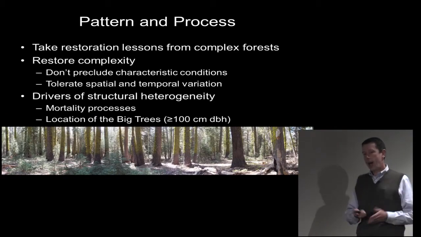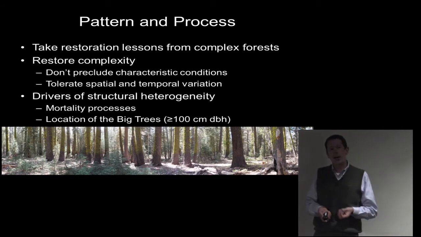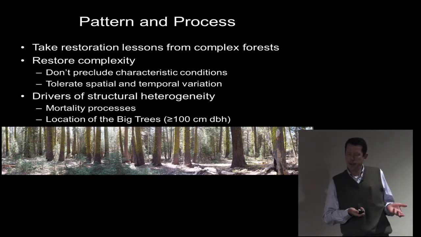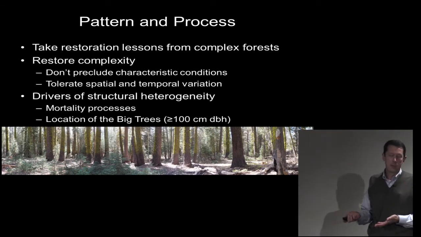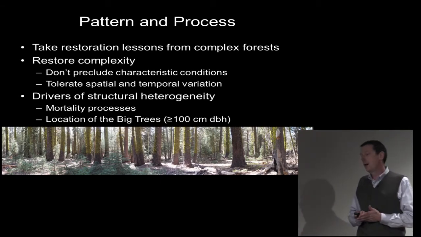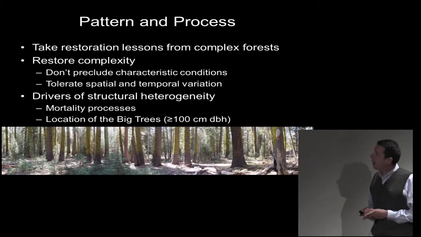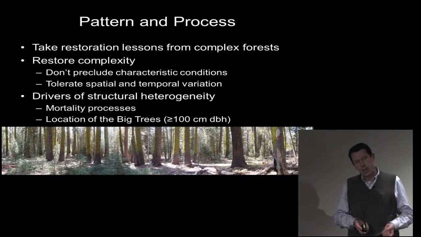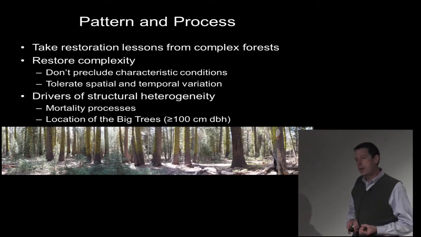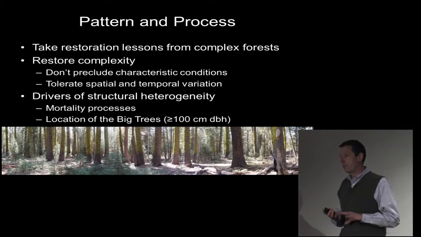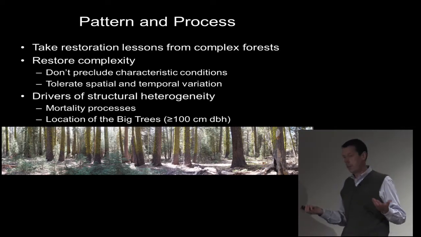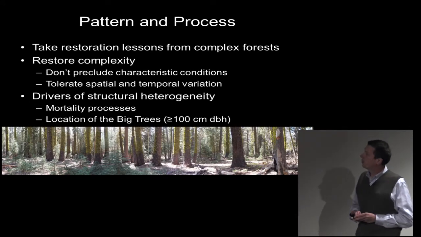So, pattern and process. If we're looking at restoration, there's a lot of different things we could be looking at restoring. Basic function, species composition, abundance of rare plants. But we might also really want to look specifically at complexity, because the complexity of structure might be at least partially responsible for determining some of the niches that herbs, plants, vertebrates, and invertebrates use.